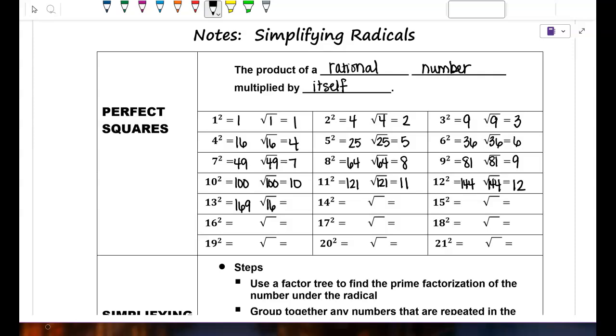The square root of 169. Alex, 14 squared. And the square root of 196. Lily, 15 squared. And the square root of 225. 15.